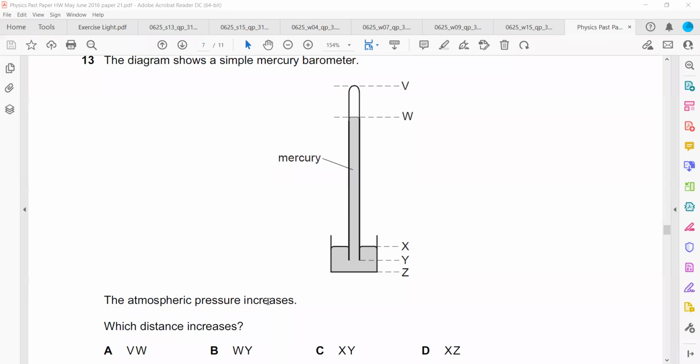The atmospheric pressure increases. If the pressure of the atmosphere increases, the atmosphere will push this level. So as a result, what happens? The level X will go down because of more pressure from the atmosphere, and when this level goes down, on the other side the mercury will rise in the tube, so level W will go up.